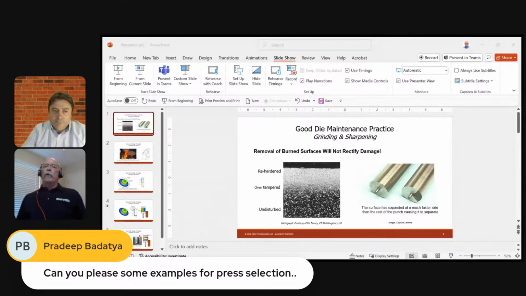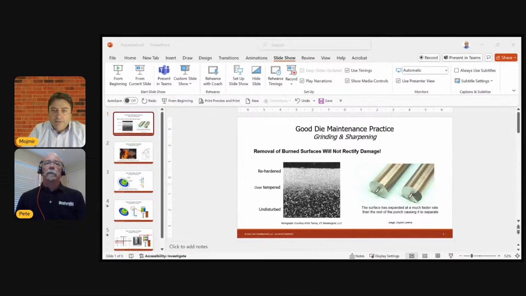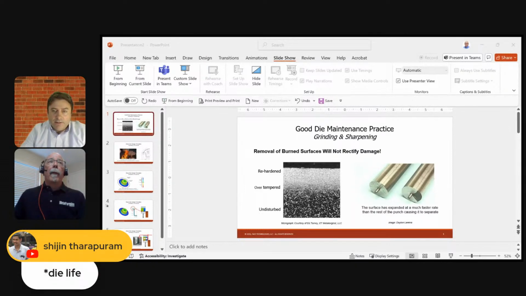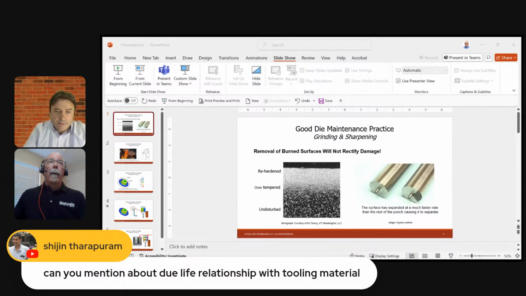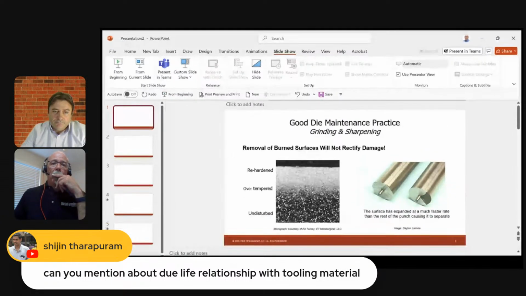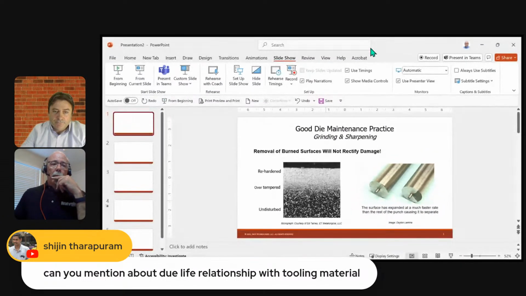Some examples for press selection in, I'm not sure in terms of what. Selecting a press for what? Oh, did I lose you?